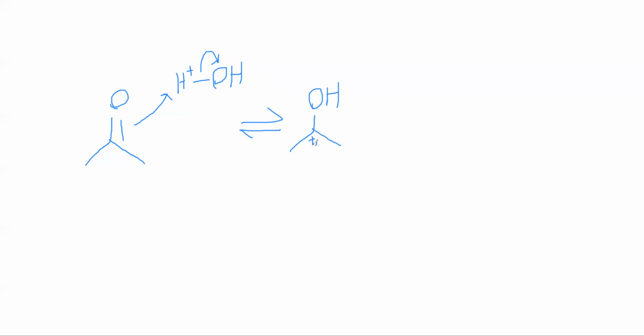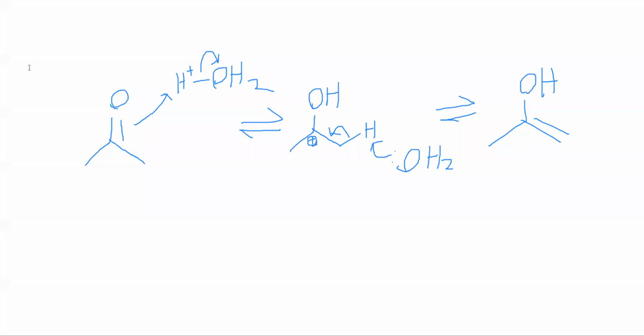That puts a positive charge here. And at this point, you have a proton alpha to the alcohol. There should be 2 here. We formed water when we took a proton from it to protonate the carbonyl. The water can act as a base, and it basically does an elimination step to sort of form a carbon-carbon double bond, and then you get your enol. So that's acid catalyzed tautomerization.